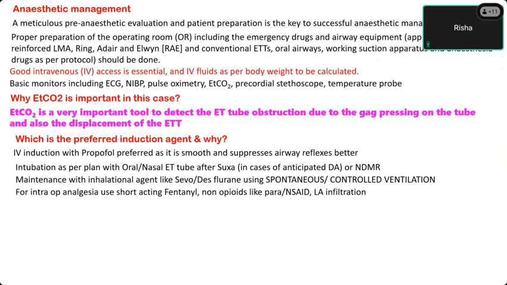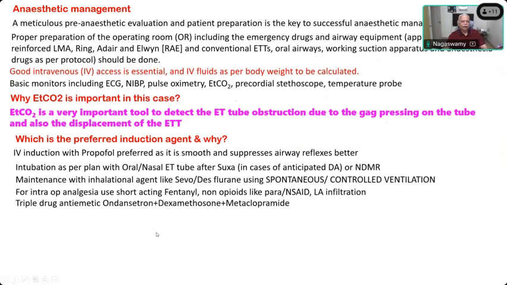Palatine nerves. Palatopharyngeal, palatoglossal. These are the two nerves. Okay, so remember that. The triple drug anti-emetic, ondansetron, dexamethasone, metoclopramide is very important for preventing post-op nausea and vomiting.